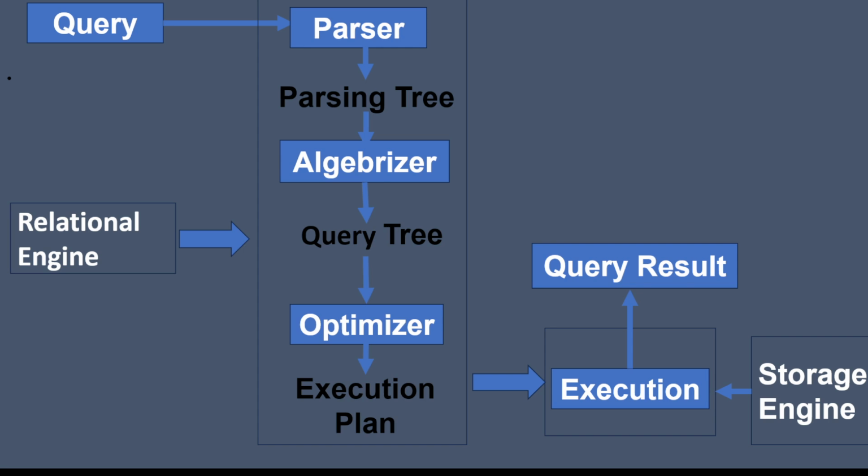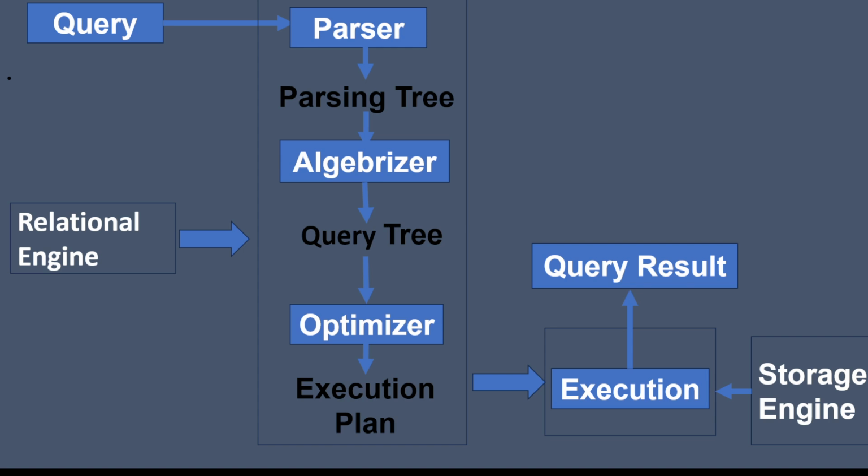The result of the query parsing process is the parsing tree. So if you send any query to the parser, the parser will check the syntax of the query. If it is okay, it will create one parsing tree.